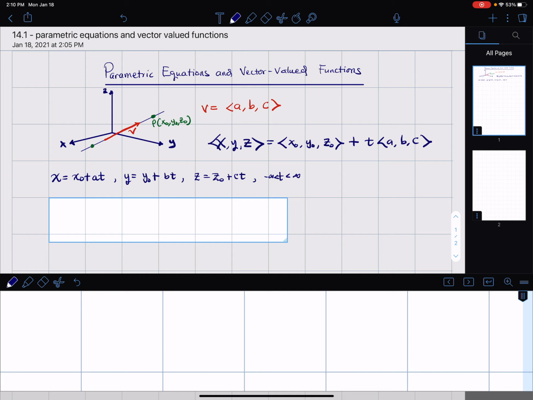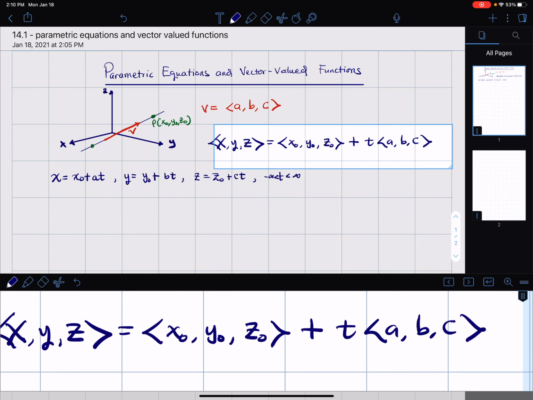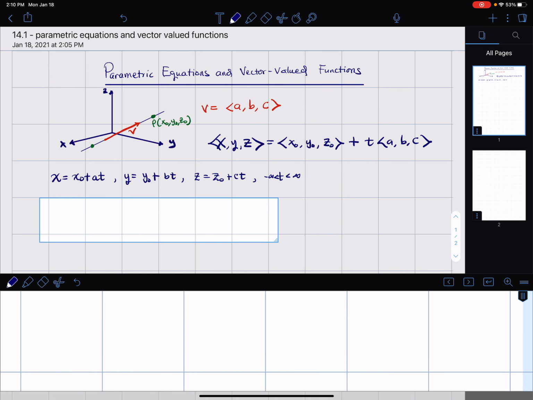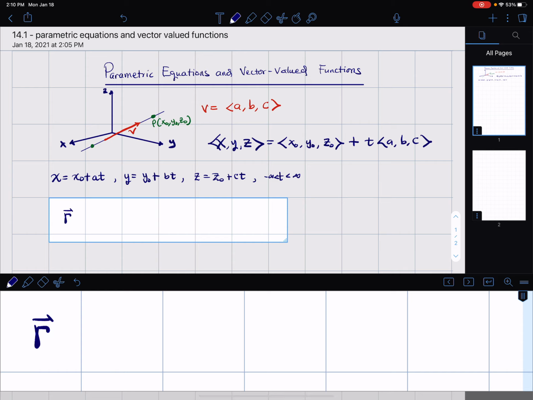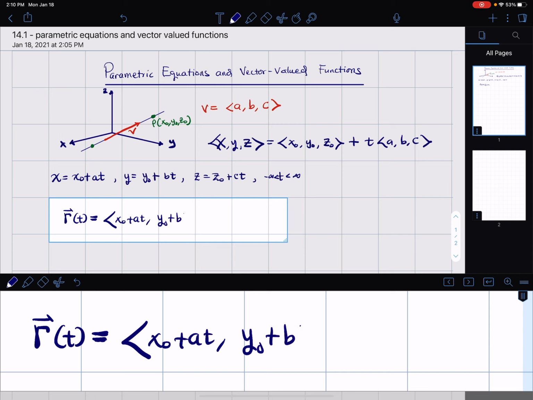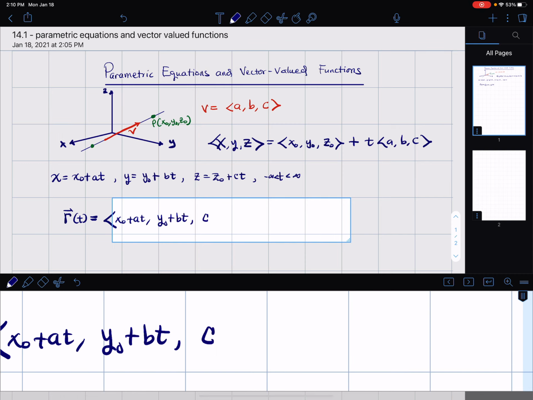And then another way that we looked at doing it was to write it as a vector valued function. This is already a vector valued function, but let's make it more formal by defining it as r of t, a vector valued function whose first coordinate is x naught plus at, and then the second one y naught plus bt, and then the third one z naught plus ct, okay?